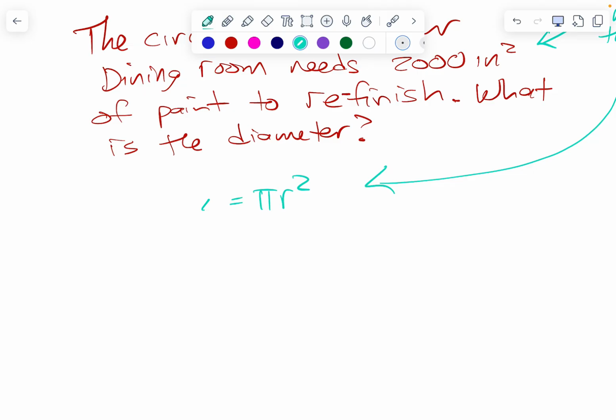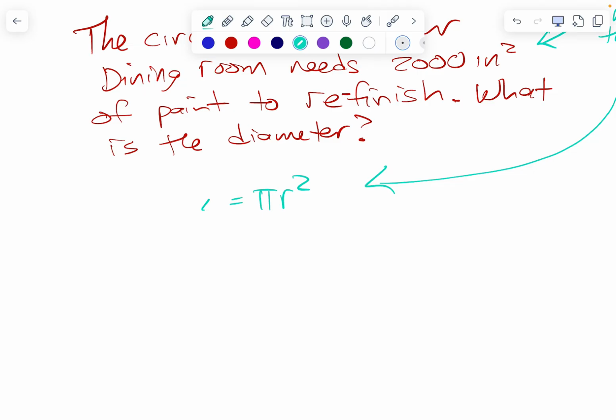Okay, how do we solve for r then? This is now an algebra problem. Fairly routine algebra problem. What do we do? Good. Leave it as 2000 over pi for now.